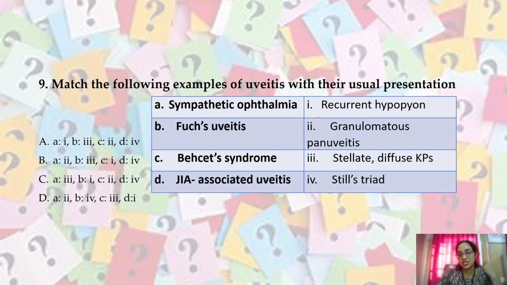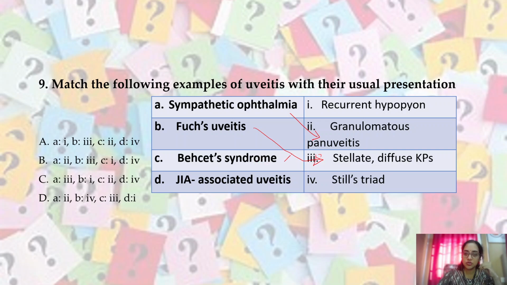Sympathetic ophthalmia, we just discussed this. It's a granulomatous panuveitis. So A is 2. Fuchs uveitis is a condition usually thought to be of viral origin, associated with stellate diffuse keratic precipitates.